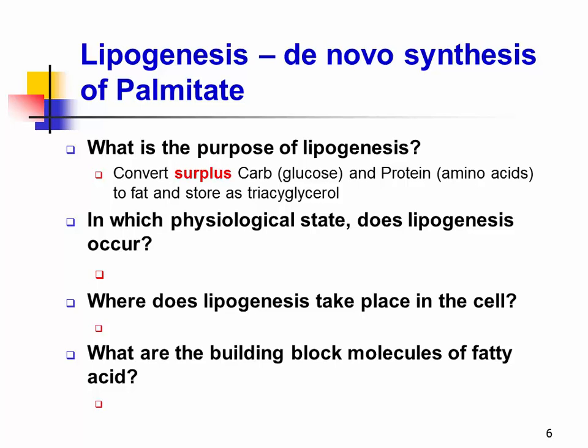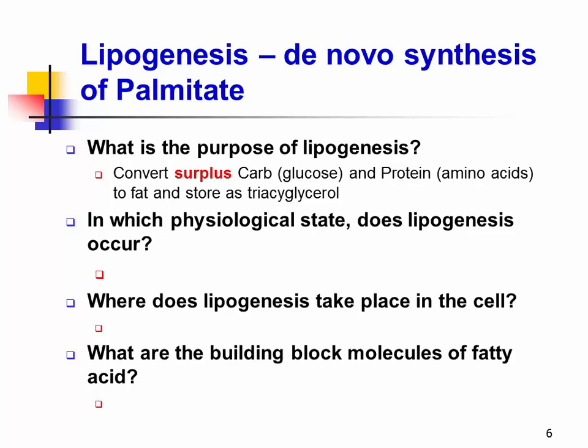Okay, so what is the purpose of lipogenesis? Why do we want to do lipogenesis? Particularly when we eat a meal, we have a surplus of carbohydrate and protein. We can't use them all, so we want to store this extra energy in the body, converting the extra carbohydrate and protein into fat and storing it in the form of triglyceride in adipose tissue.